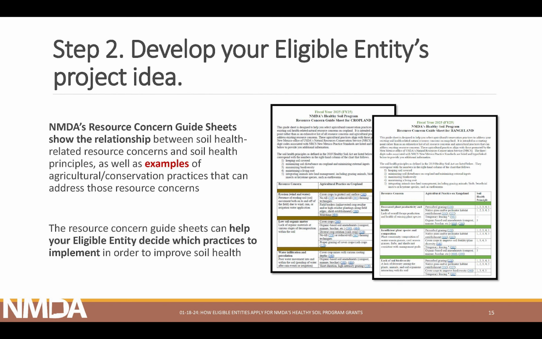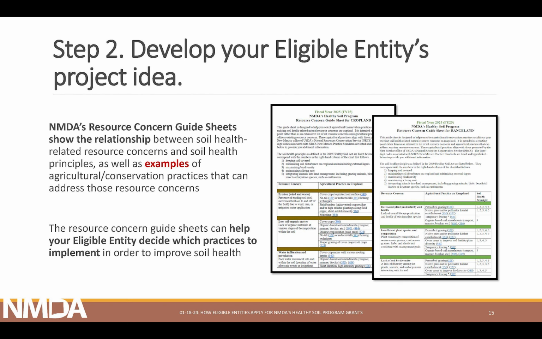Again, these are not comprehensive documents. They're simply used as a guide, but they can help you draw the lines between those resource concerns that you've identified that your eligible entity wants to focus on, and then ties that to the soil health principles, as well as giving you a list of potential agriculture practices that you can utilize to address those.